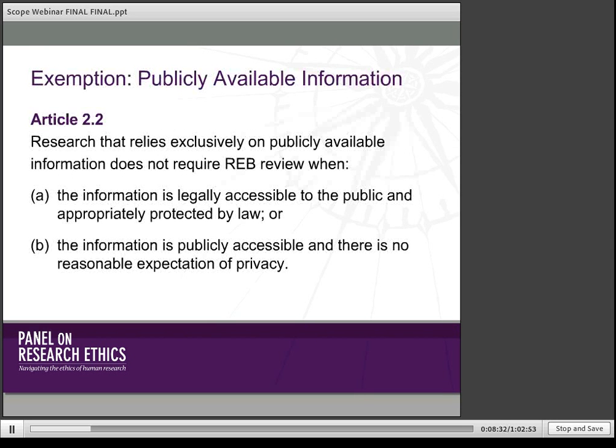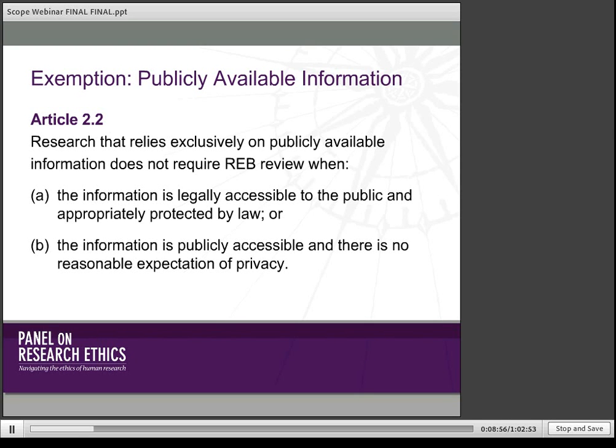Next slide, entitled Exemption, Publicly Available Information, slide number 8. 2.2 is the article addressing the exemption having to do with publicly available information. Notice that there are 2 categories, both of which are exempt. The first category is information that is legally accessible.